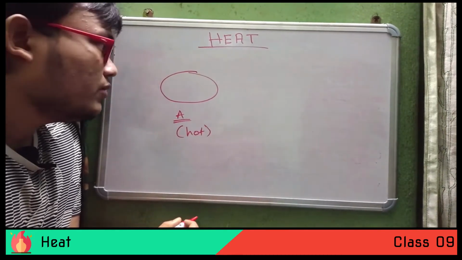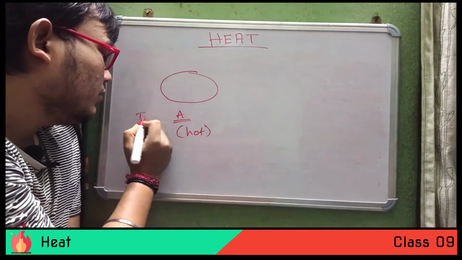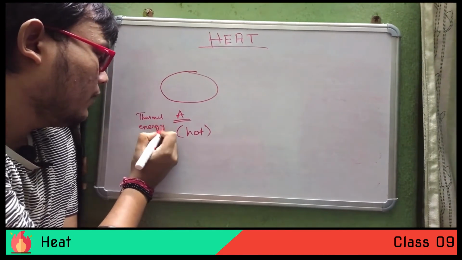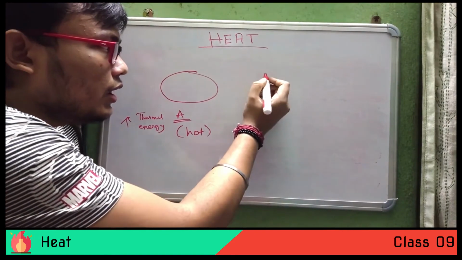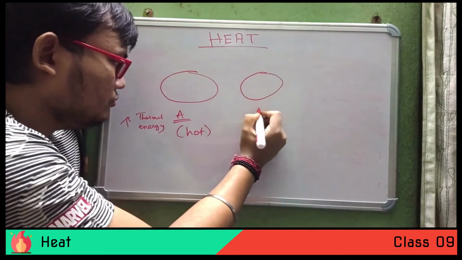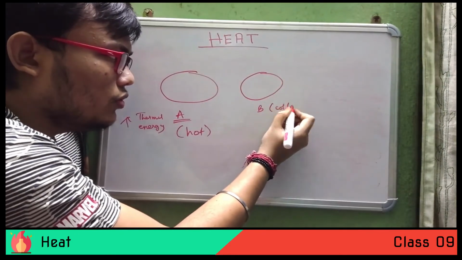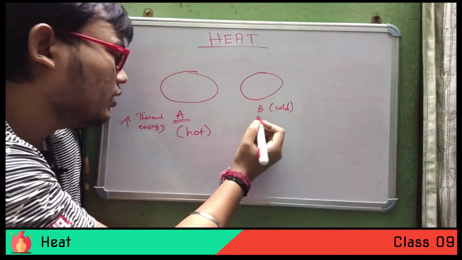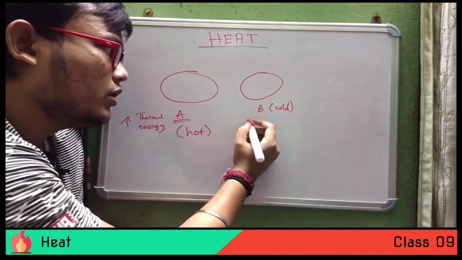So thermal energy will be much more in case of body A, thermal energy will be high for body A. Now if we take another body B, it is a cold body, so temperature is less in this body, and the thermal energy is also less as compared to body A.